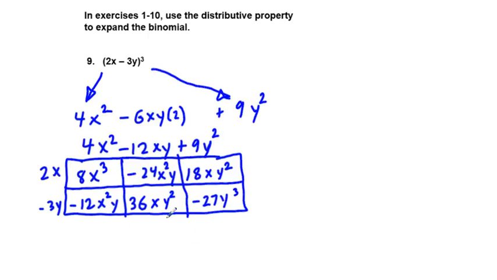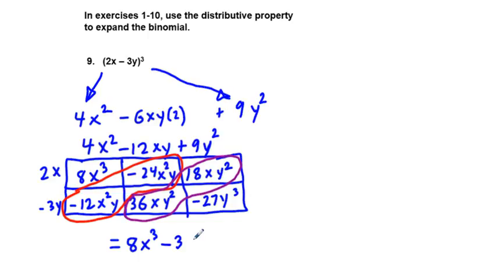And we have the combining of like terms that I'm circling now in red, and another set of like terms I'm circling now in purple, and writing them all out. What do we have? Our answer is going to be 8x cubed, and we're going to have minus 12x squared y and minus 24, so minus 36x squared y total.